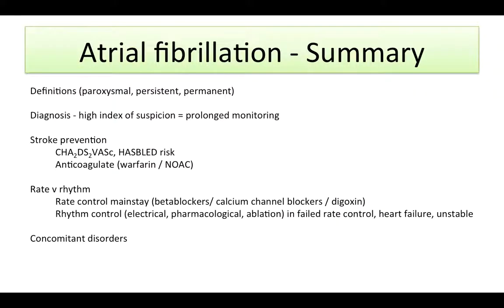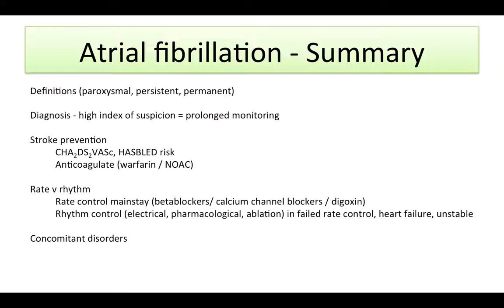Okay, so in summary, what I've gone through today is some important definitions for atrial fibrillation, in particular the terminology paroxysmal, persistent, and permanent. I've explained about the diagnosis of atrial fibrillation, and that in patients who have a high index of suspicion, you would need to have more prolonged monitoring.